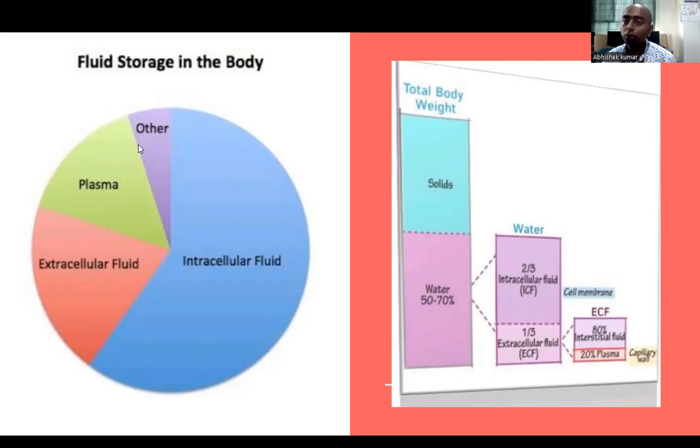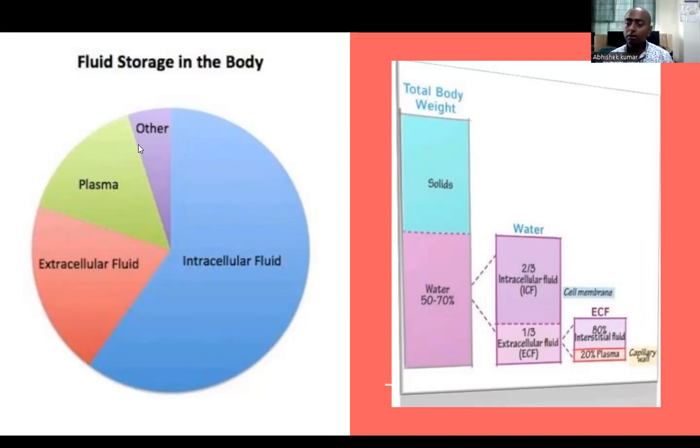Total body weight contains 50 to 80% water. In that, intracellular fluid is 2 by 3 and extracellular fluid is 1 by 3. Intracellular fluid is inside the cell membrane, and extracellular fluid is in capillaries and walls outside the cell.